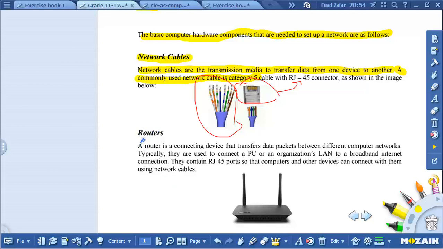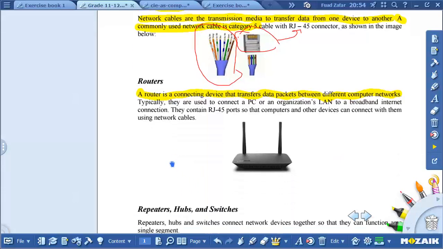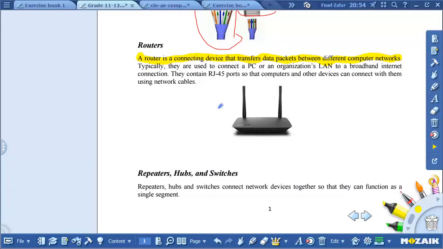Routers. Now what is a router? A router is a connecting device that transfers the data packets between different computers on networks. Typically, they are used to connect a PC or organization LAN, local area network, to a broadband internet connection.